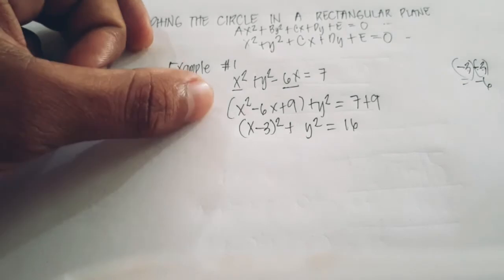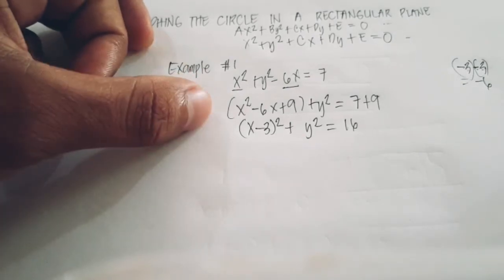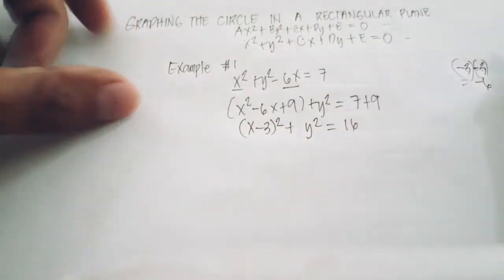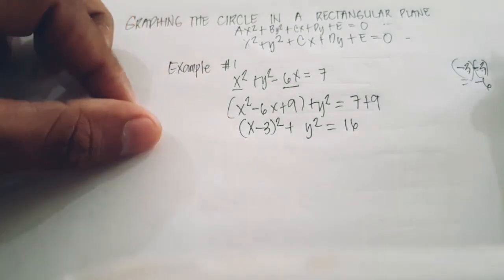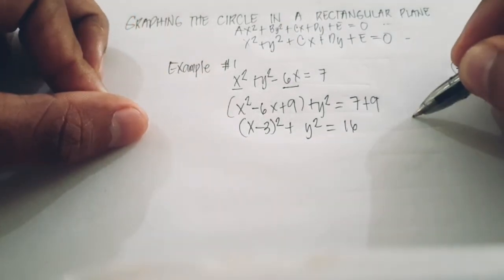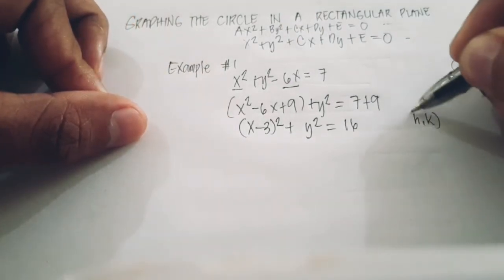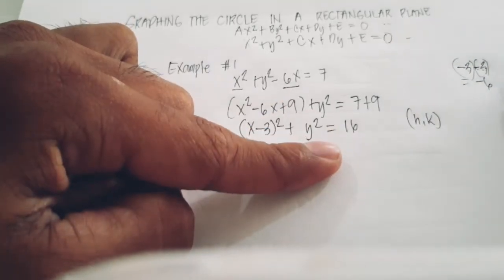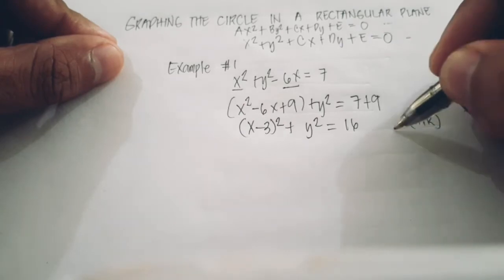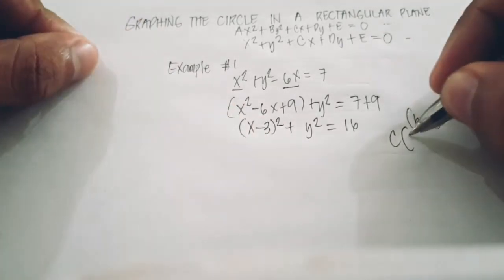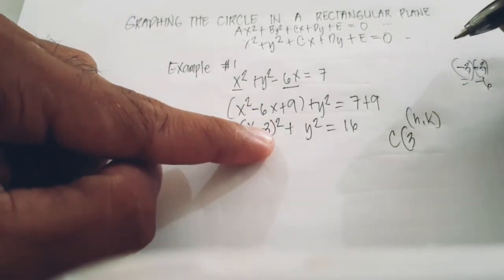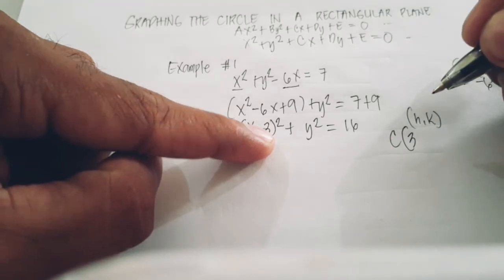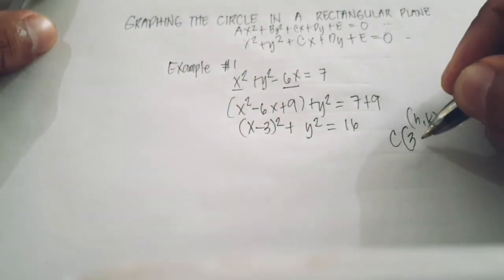So therefore, we now have our standard form of the equation. The center is at (h, k). So this is our h, and we don't have a k, so our k is 0. Our h is 3, since it is negative here, we just change the sign, so positive 3.